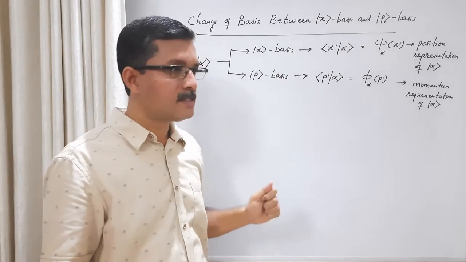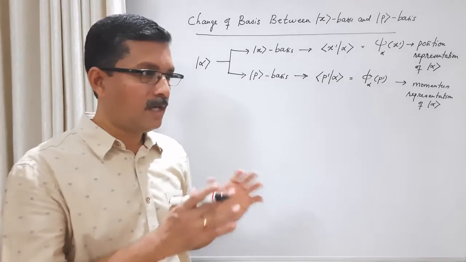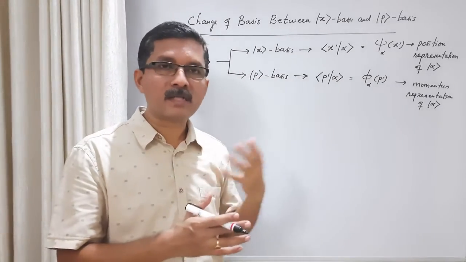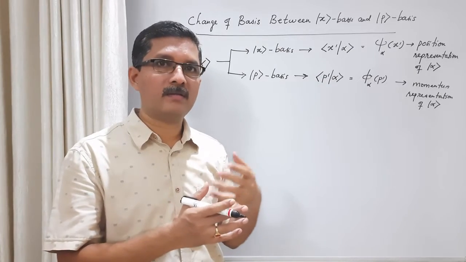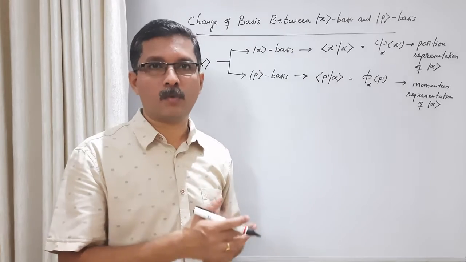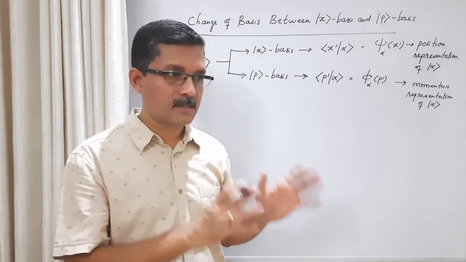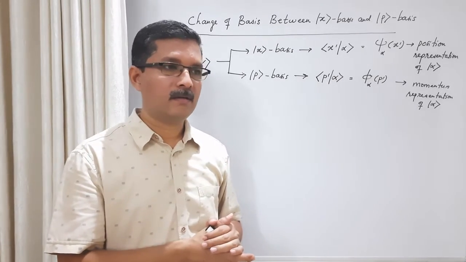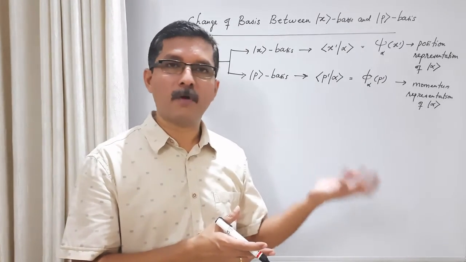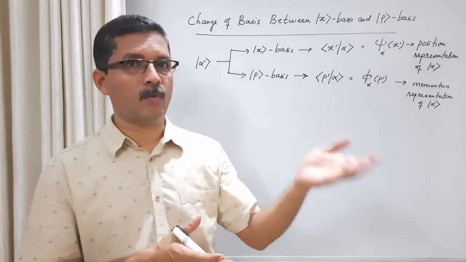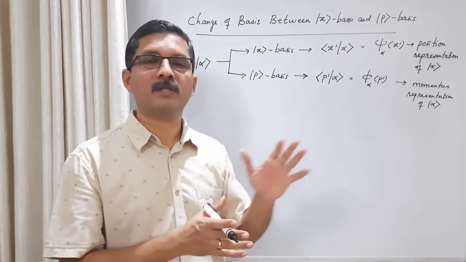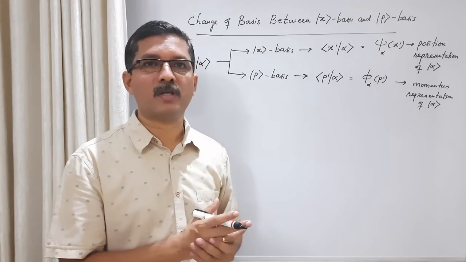Why? The reason is that a large class of operators in quantum mechanics can be constructed from different combinations of position operator and momentum operator. In classical mechanics, a general physical quantity can be expressed as a function of position and momentum. So a large class of physical quantities can be expressed as functions of position and momentum.